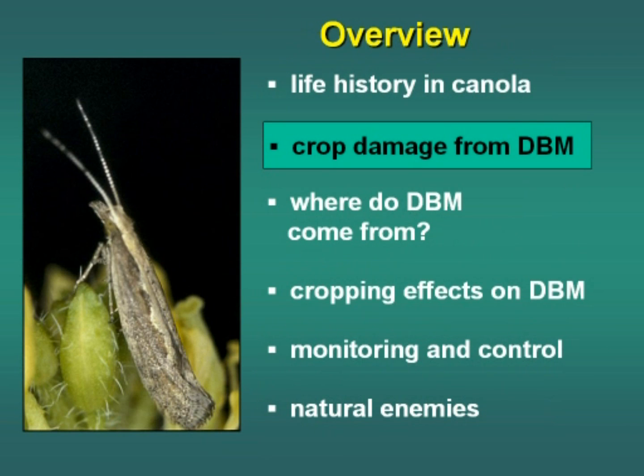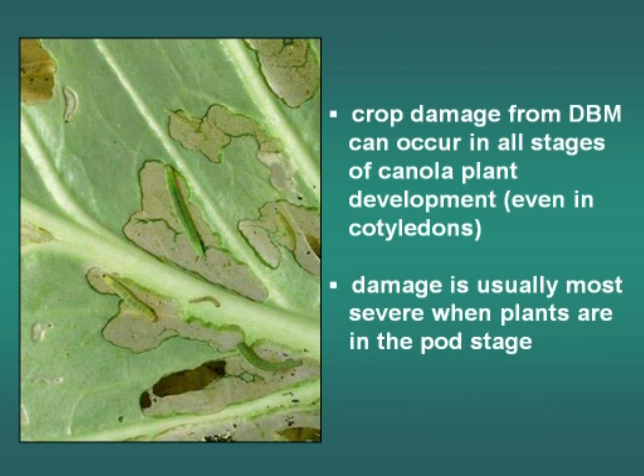In terms of crop damage from this insect, it can occur really in all stages of canola plant development, even in the cotyledon stage. It's highly unusual for damage to occur by diamondback in the cotyledon stage, but we've seen it happen.